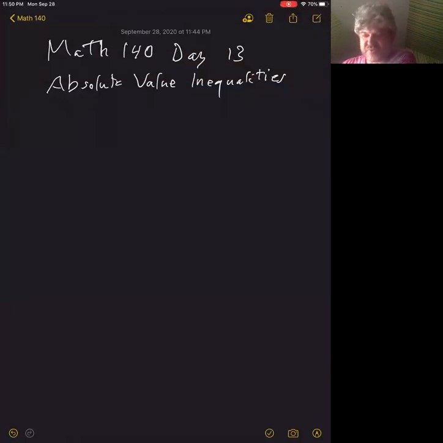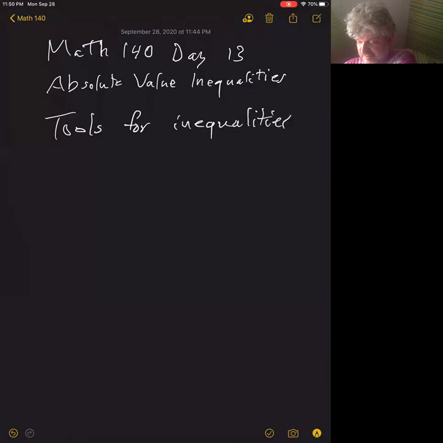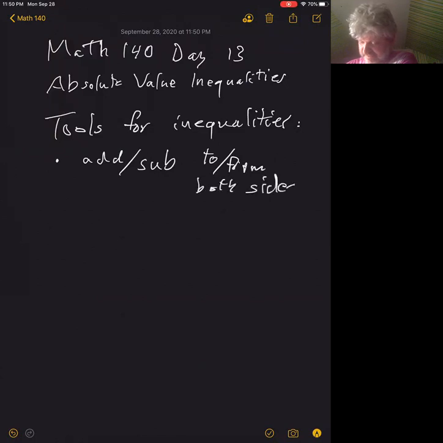So here are the tools that we can use on inequalities. First, we can add or subtract the same quantity to or from both sides. It goes without saying it's the same quantity on both sides.